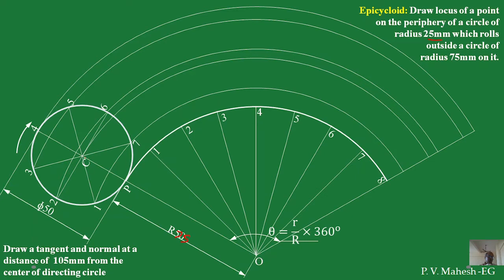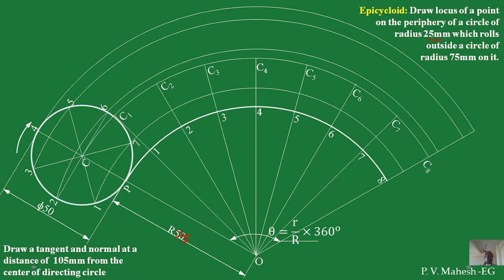Now here an additional line is there because we need the line passing through the center. So this line is the line passing through the center. Now I have to extend all these lines to the center. This will give the centers C1 to C8. Now again I have to apply the same procedure.